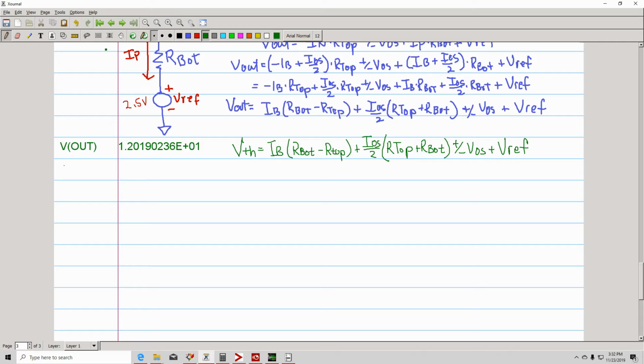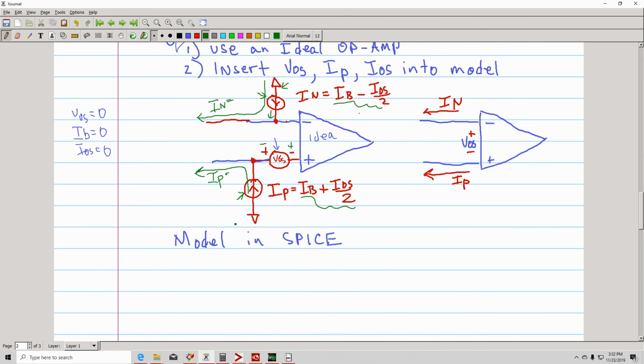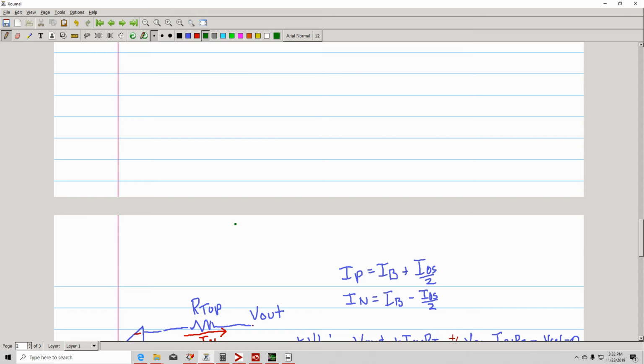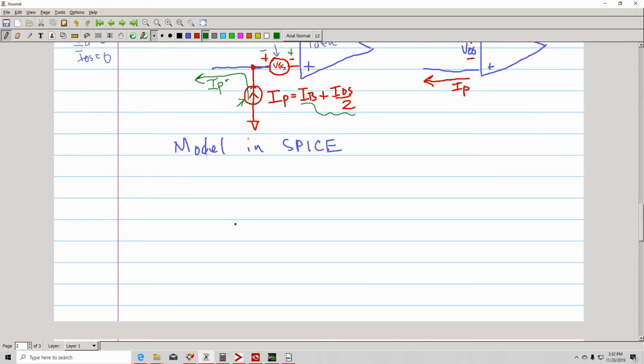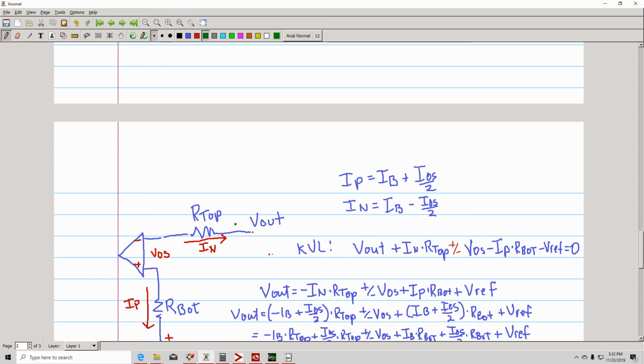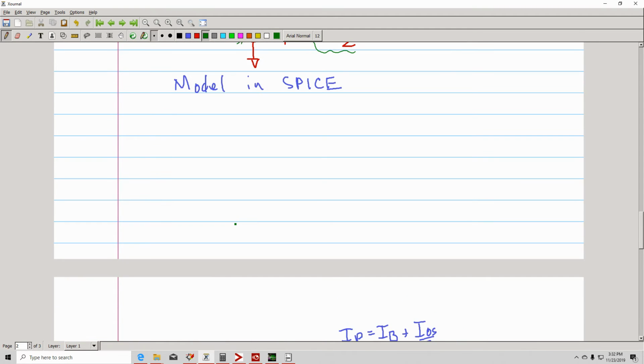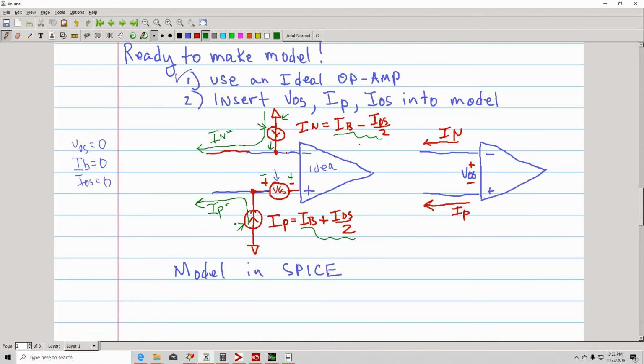Actually, I think I have it here. Okay, right there. So we've done that, and we'll come back and do some comparisons. Now we have the SPICE model ready.